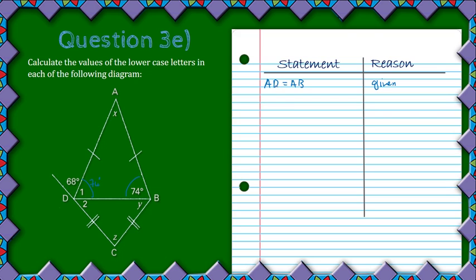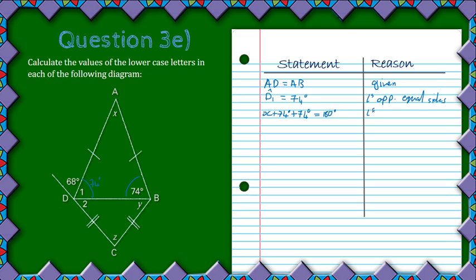Then it means that angle D1 is equal to 74 degrees, and that is because of angles opposite equal sides. And therefore x plus 74 degrees plus 74 degrees is equal to 180 degrees.